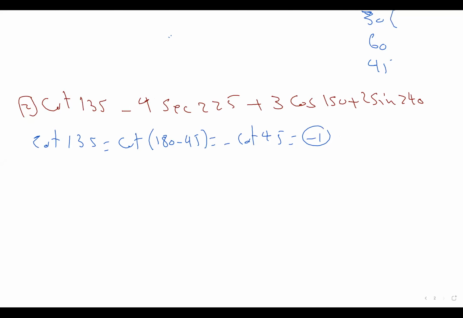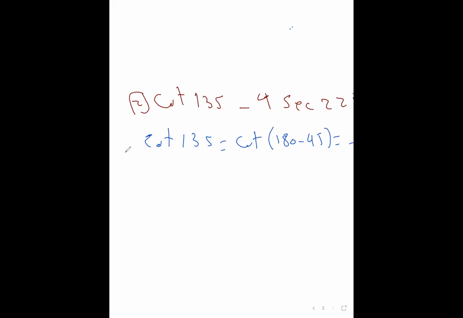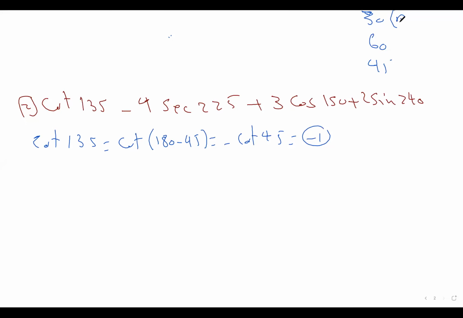30 is root 3 over 2 and half, and this is half and root 3 over 2, and this is 1 over root 2 and 1 over root 2. Okay, sec 225, which quadrant?